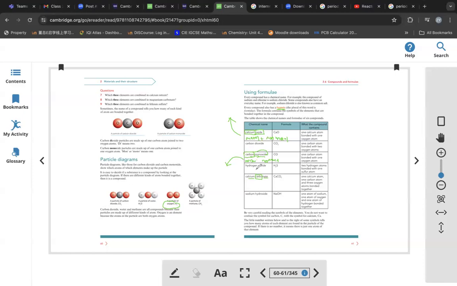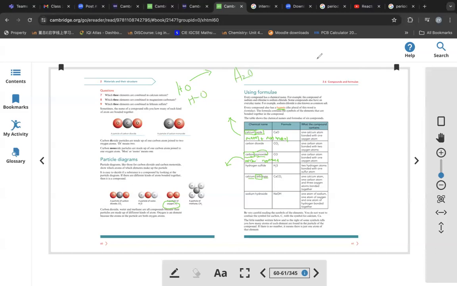So if it's hydrogen and oxygen, then it's hydrogen monoxide. You mean HO? Yeah, it will become hydrogen monoxide, correct? But when you come to year 9, year 10, you will know why H and O cannot form that compound.